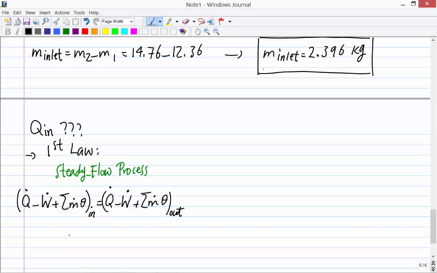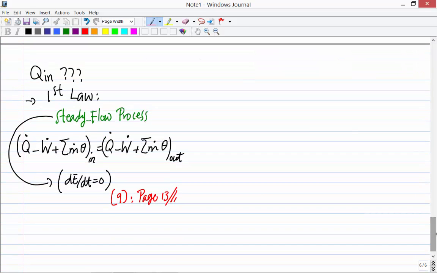And just a little note that dE divided by dt was 0, right? Because of steady state. So this was mentioned in lecture 9, page 13.